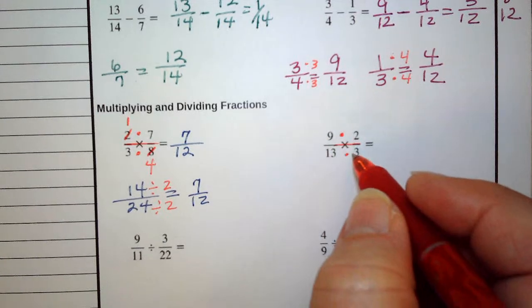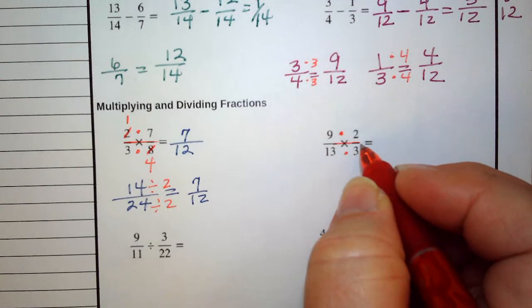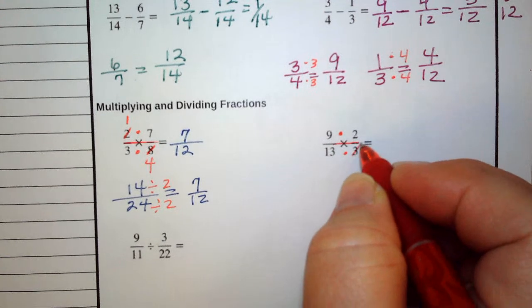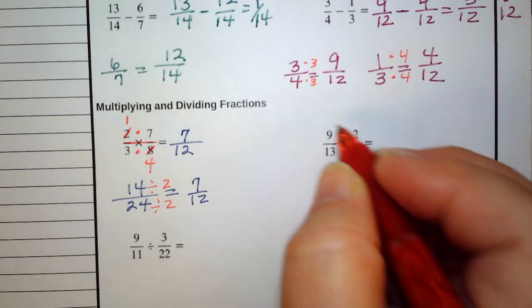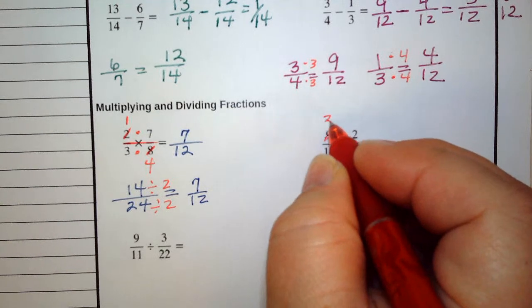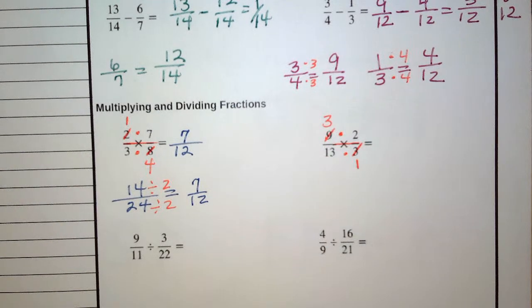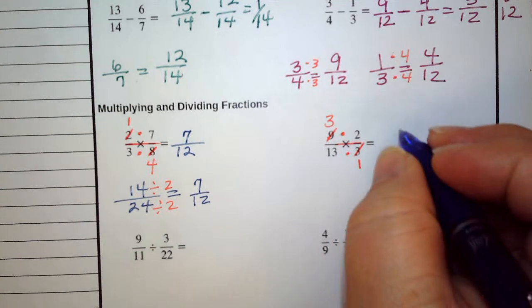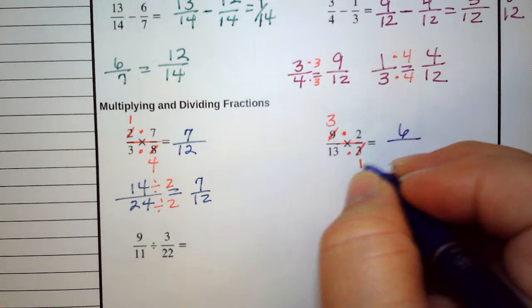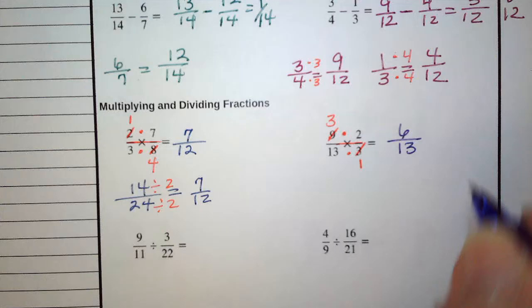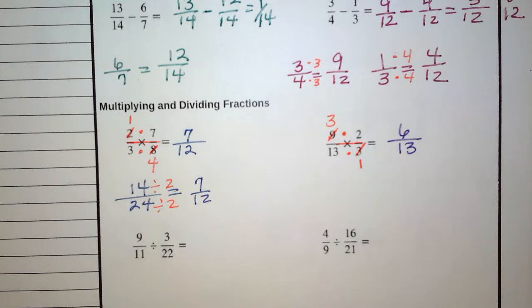I've got a 9 and a 3. 3 divides evenly into 9. 3 divided by 3 is 1. 9 divided by 3 is 3. 3 times 2 is 6. 13 times 1 is 13. 6 over 13. Okay, any questions?